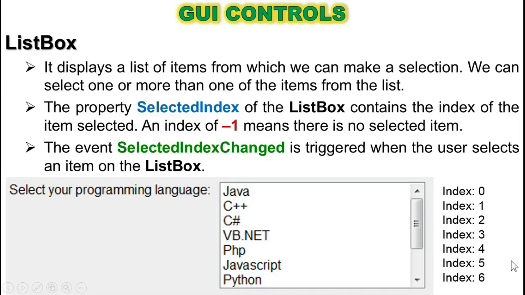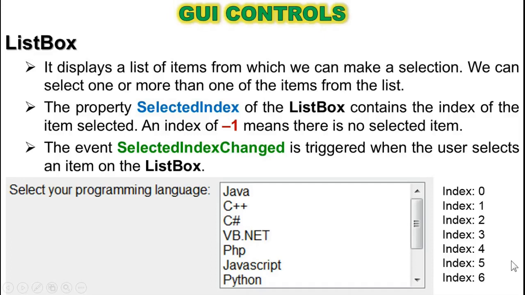A list box displays a list of items from which we can make a selection. We can select one or more than one of the items from the list. The property SelectedIndex of the list box contains the index of the item selected. An index of -1 means there is no selected item.